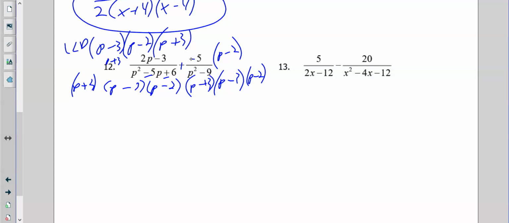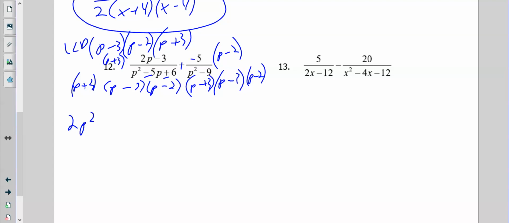All right. Now, on the top, a little bit of extra work here. We need to FOIL. And if you need to go off to the side and do that, that's fine. I'm just going to do it in my head. 2p times p is 2p squared. I'm going to have negative 3p and 6p. So that gives me, again, 2 times 3 is 6p, minus 3p.